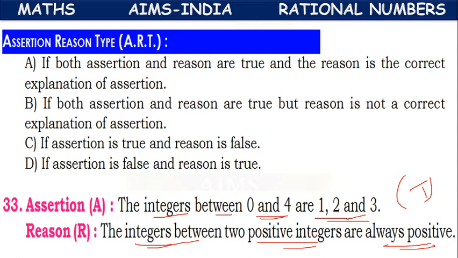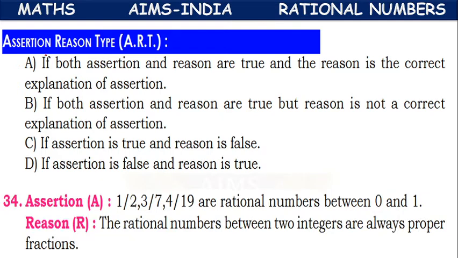Between them, any other integers you take will also be positive only. Both are true and the reason is the correct explanation of the assertion. So A option is the correct answer.